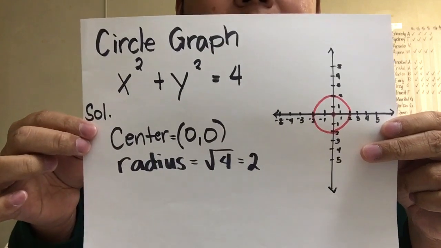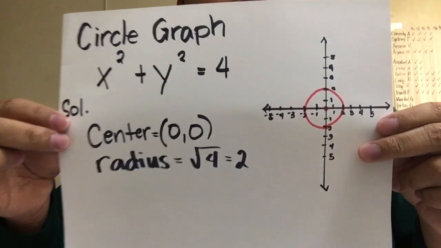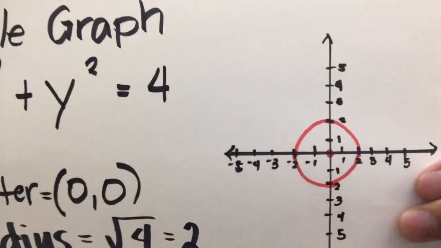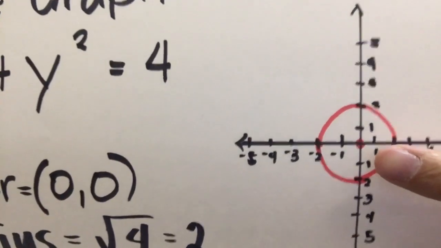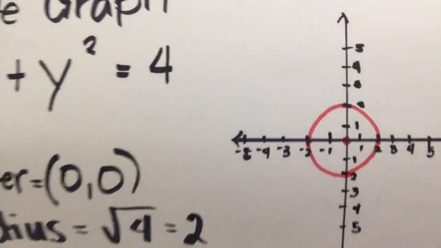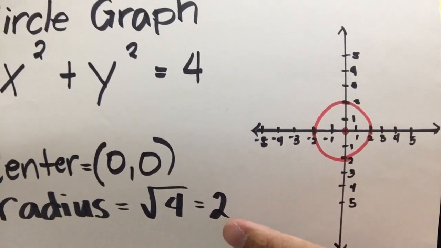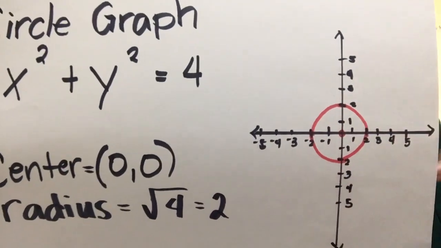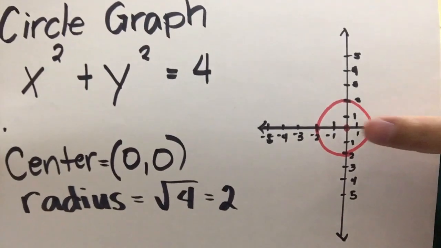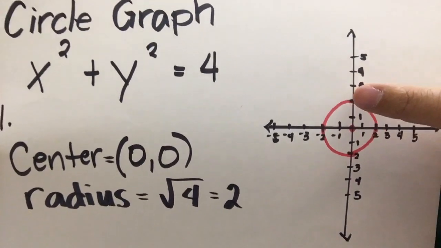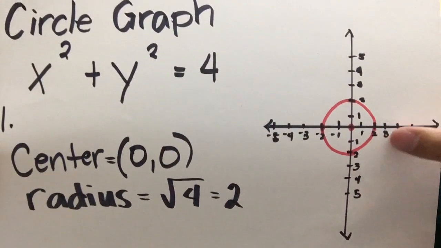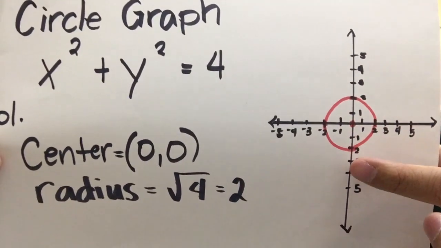Now, how can we graph it? So first, you have to locate your center. So the center is at 0 and 0. So since we solve that our radius is 2, we need to count 2 in all directions: 2 up, 2 to the left, 2 to the right, 2 down.